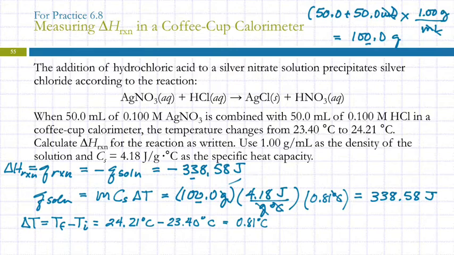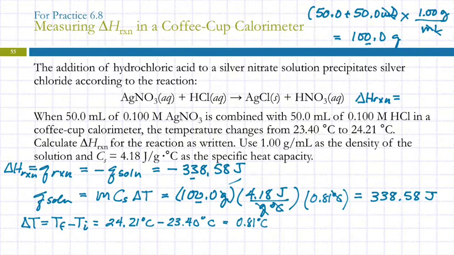So we're almost there, but it wants delta H for the reaction as written. So we want to be able to say delta H equals, sloppy, and have this relate to the molar amounts in that equation. Is this the amount of energy that's released when 1 mole of silver nitrate reacts? Yes. Did we have a mole?